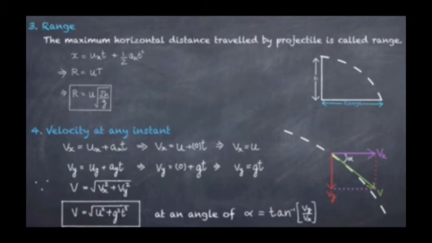So R is equal to u into capital T of f. Therefore, the horizontal range R is equal to u into root of 2h by g.